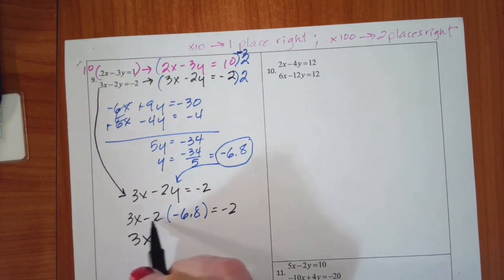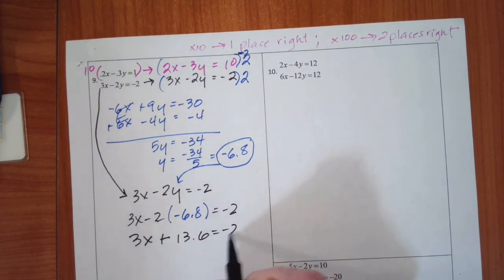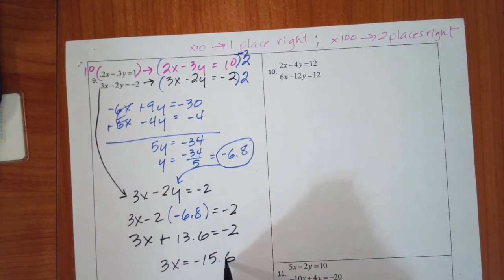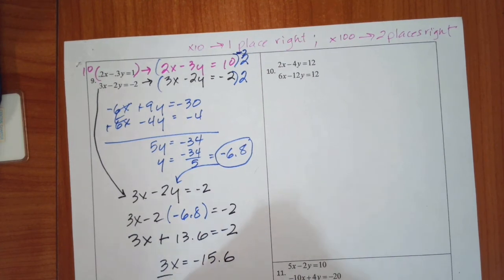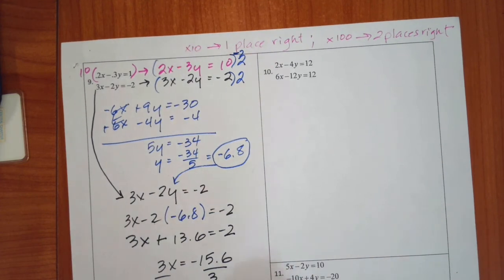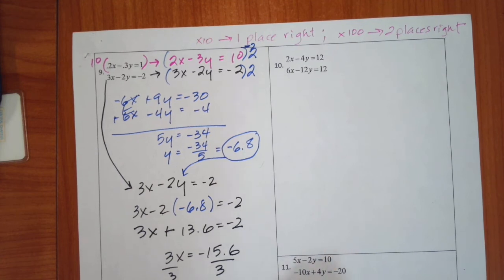So 3x, a negative times a negative is a positive, plus 13.6 is negative 2. Subtract from both sides, I get 3x is negative 15.6. And when I divide by 3, I get finally that x is negative 5.2. And again, if I want to write it as an ordered pair, it's negative 5.2, negative 6.8.